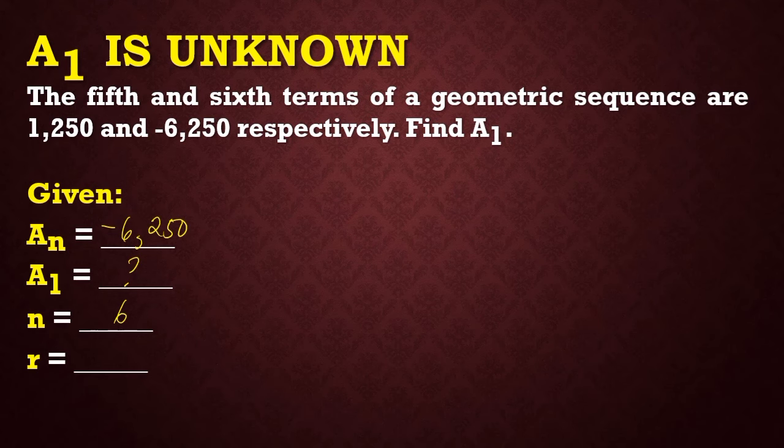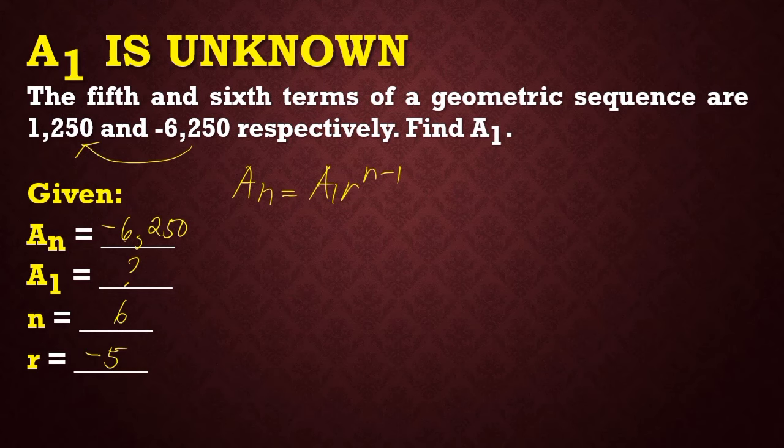Yung common ratio niya, paano natin yun kukunin? Yung negative 6,250, i-divide lang natin sa 1,250. So, kapag dinivide natin yan, makakakuha tayo ng quotient na negative 5. Then, we can now apply the formula for the geometric sequence. So, a sub n is equal to a sub 1 r raised to n minus 1.